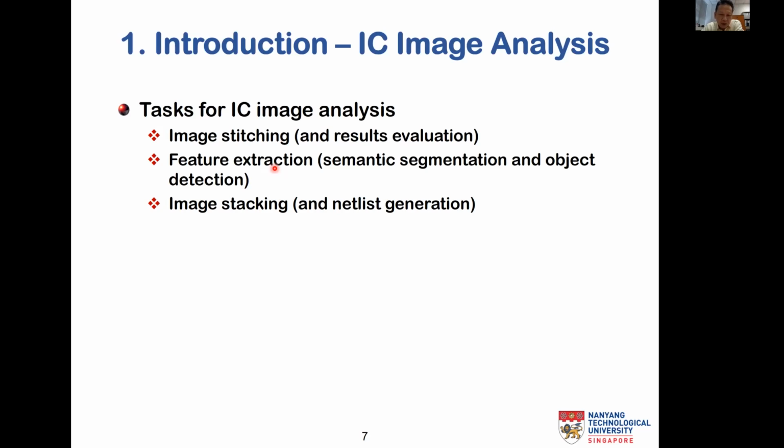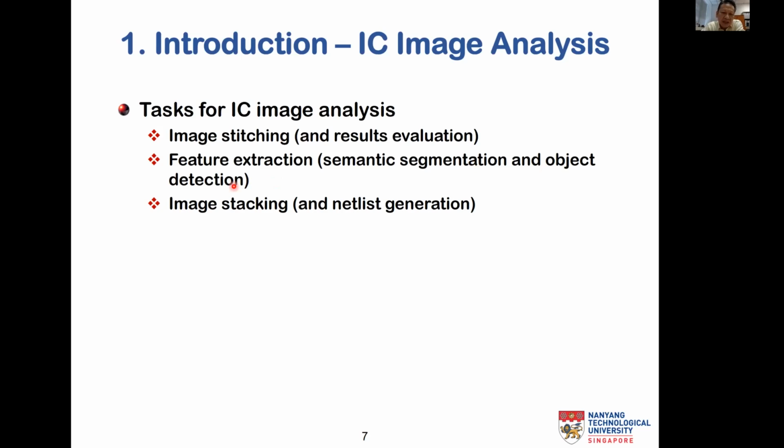In feature extraction, we have semantic segmentation and object detection. Semantic segmentation means that you identify whether this pixel belongs to the via, the polysilicon, or the metal. There are a lot of images and you have to identify which particular component each pixel or region belongs to.